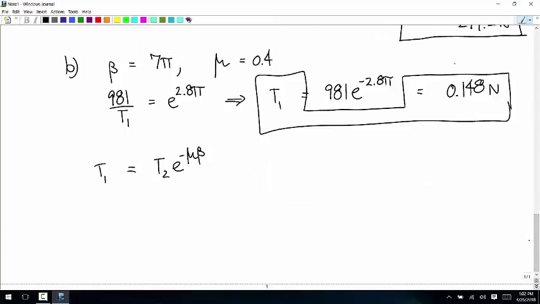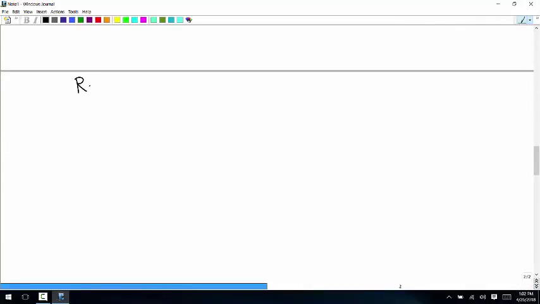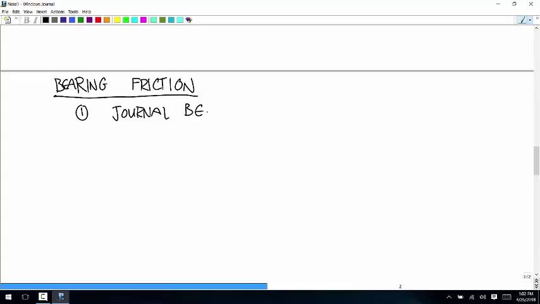Okay. That's all I want to say about belt friction. So let's talk about bearing friction. And there's two kinds of bearing friction. Journal bearings and thrust bearings.